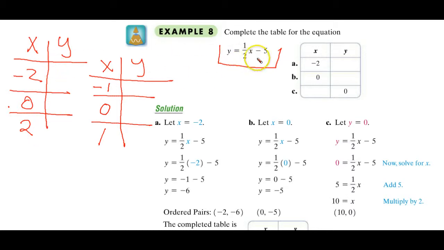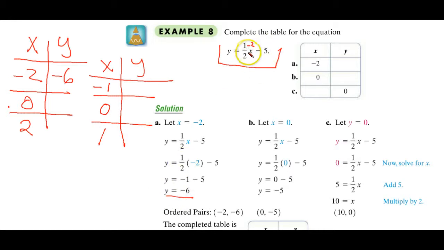So when you put that in there, and they're choosing one too, because that'll cancel out. So if you put a negative 2 there, the 2's cancel out. You're left with a negative 1 and a negative 5, give you a negative 6.